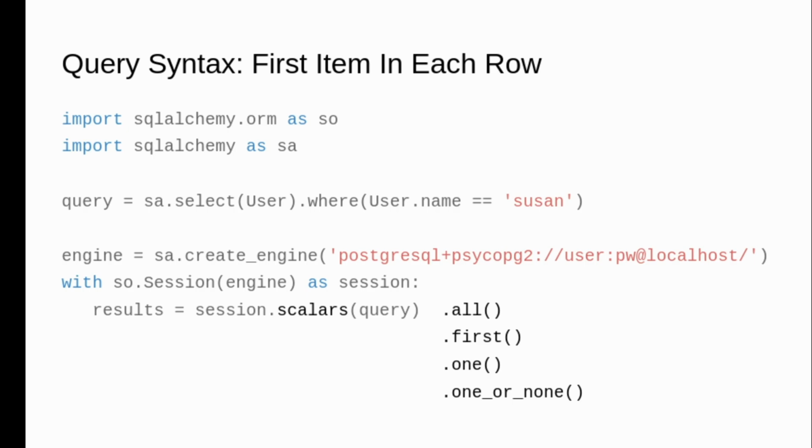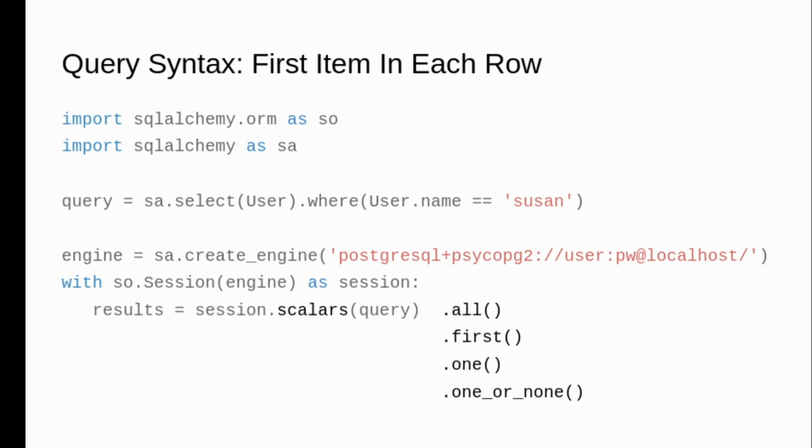I mentioned that each result row is a tuple. This is because when you do a select, usually you can put a list of things. But in many practical cases, and this is the case in this example, you put one thing there, so it doesn't make sense to get a one-element tuple. So instead of using execute, you can use scalars for executing the query, and then that will give you the first result of each row.